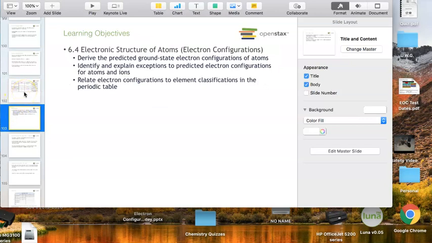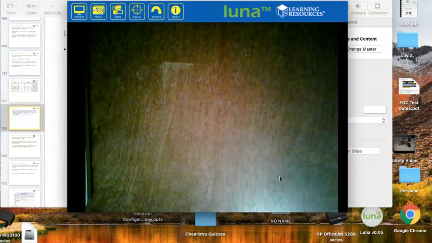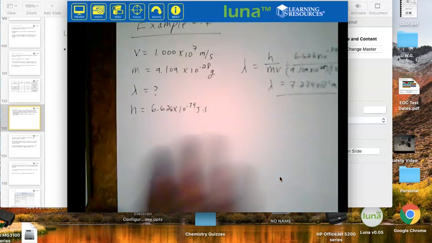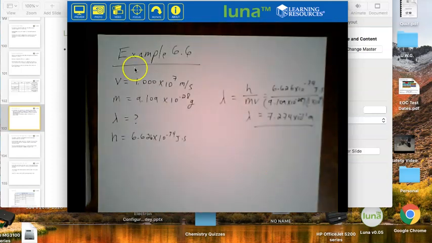All right, so before we go on, I have a couple examples to show you. The first one here is example 6.6.